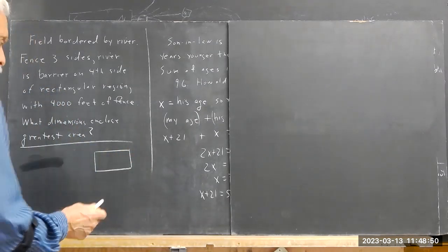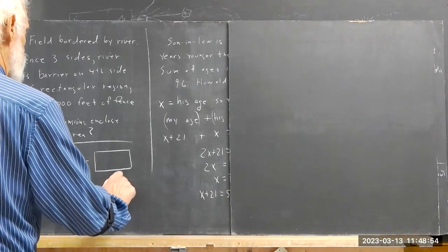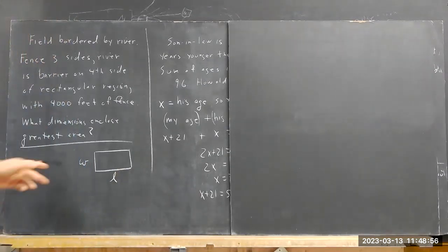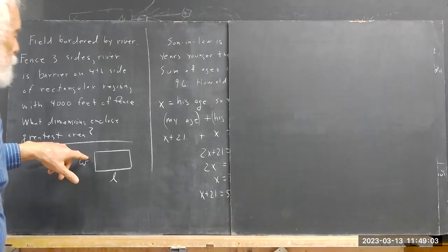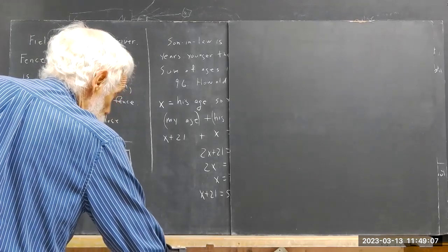And then we have W here and L here, width and length. The information we're given is that the three sides you fence are going to total 4,000 feet.